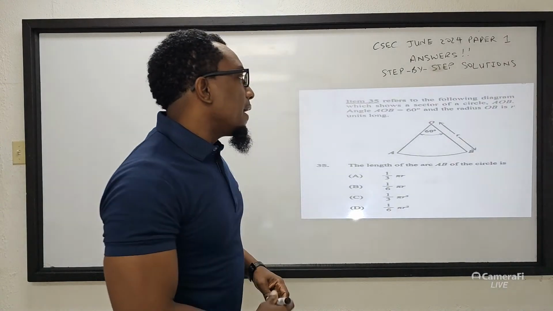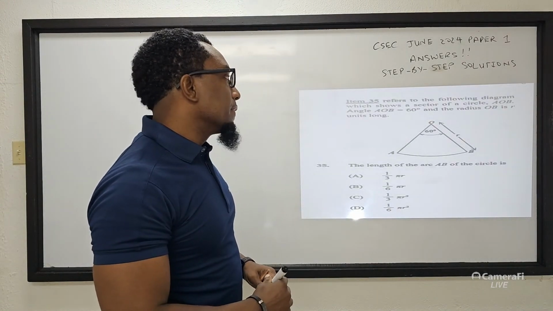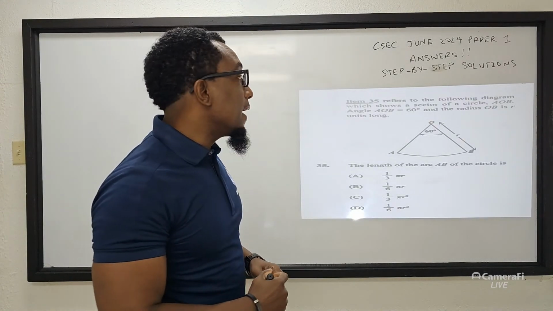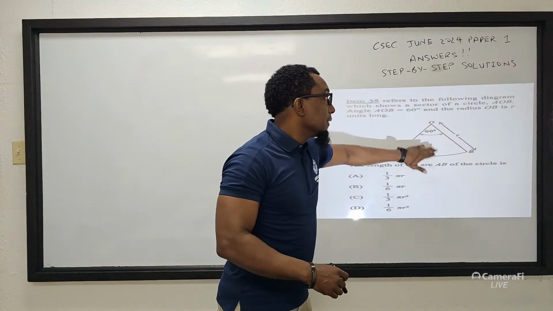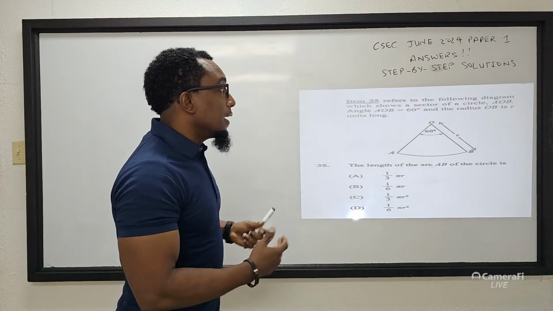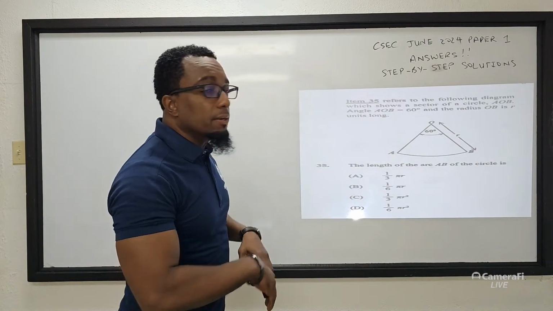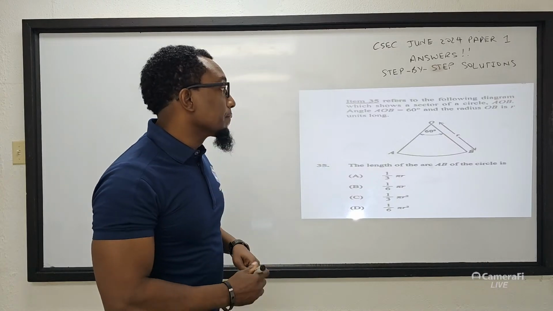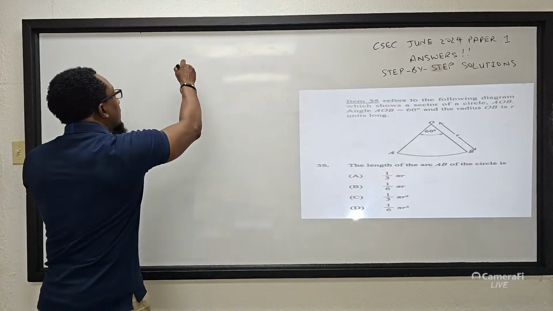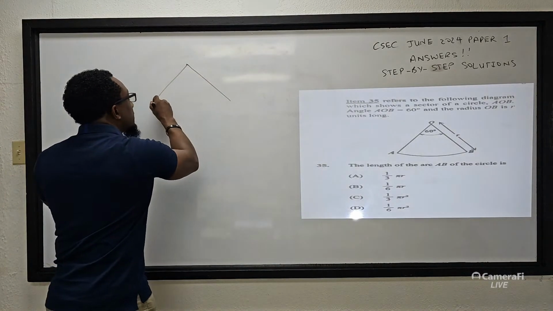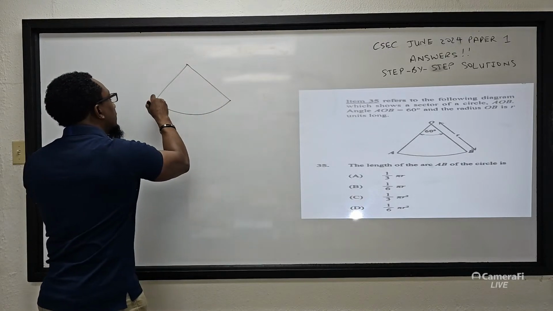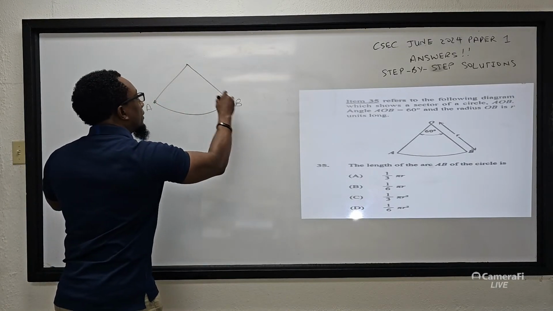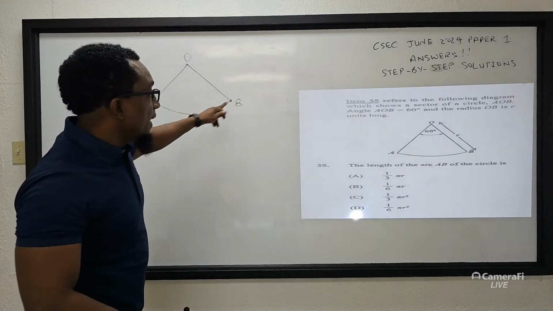The length of arc AB of the circle is, what's the length of arc? So we have a sector here, which is a fraction or a part of the circle, and we want to determine the length of arc from A to B. So this is your length of arc.